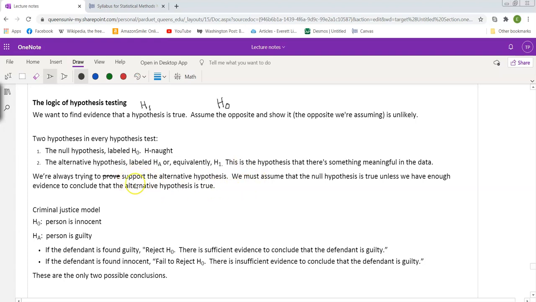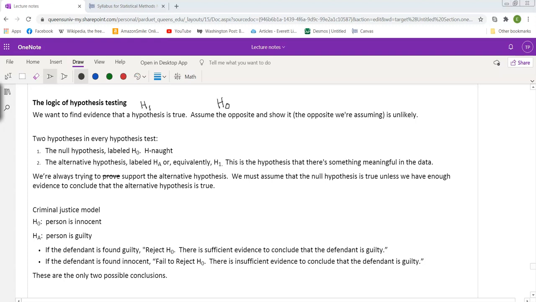So support, show, demonstrate, find sufficient evidence for, but not prove. So we're looking to support the alternative hypothesis, but we start with this assumption of the null hypothesis unless and until we have enough evidence to show that the alternative hypothesis is true.